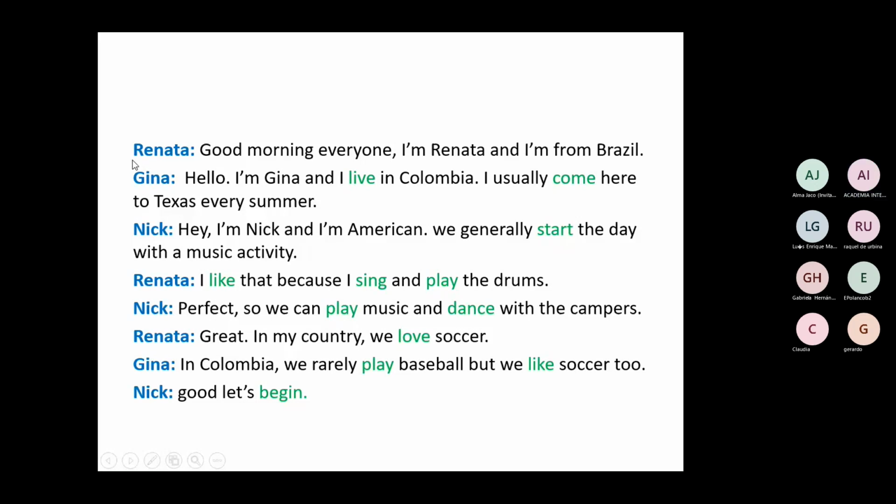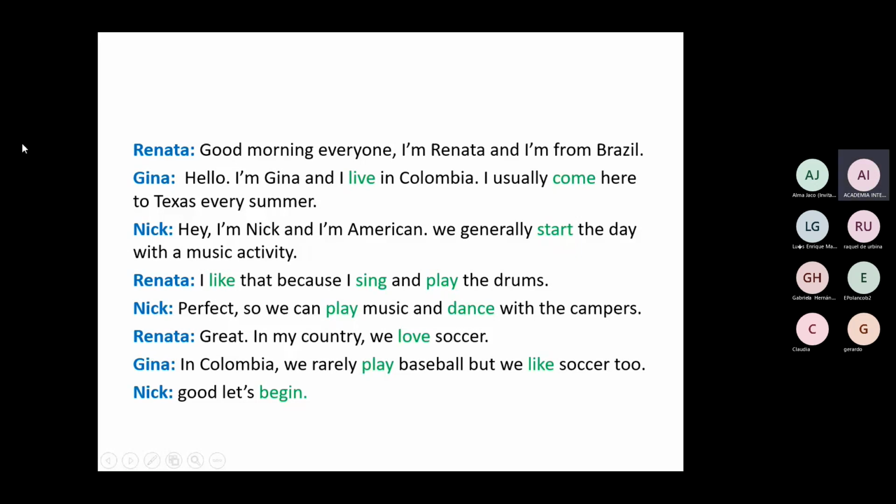And so there are 3 people speaking, and I need that 2 people help me out with this. No sé si a alguien le gustaría participar. Por ejemplo, yo puedo leer la parte donde dice Renata, alguien más puede leer la parte que dice Gina, y alguien solo lee las oraciones que dicen Nick.